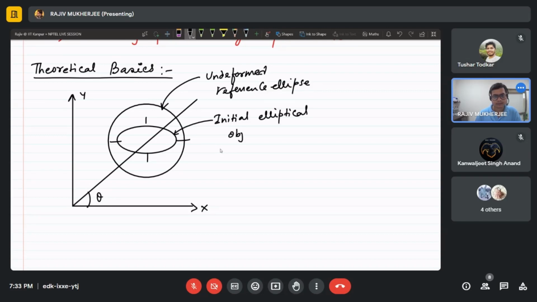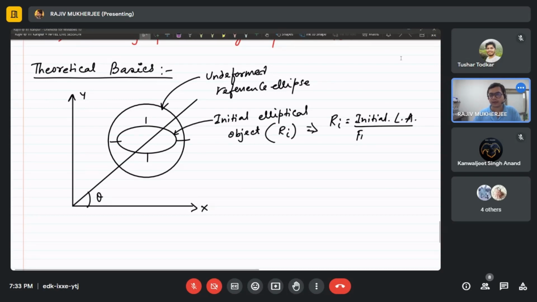The ellipticity of this object is Ri. Now Ri is the initial long axis length divided by the initial short axis length, right? So this is the formula through which we can estimate Ri.